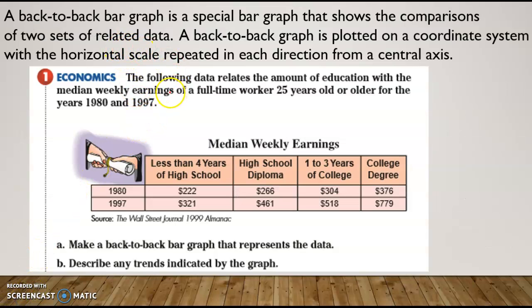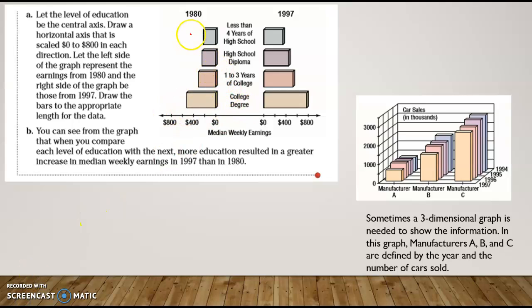A back-to-back bar graph is not used often, but just so you see it, they compare the same things for two different times, in this case 1980 and 1997. The x-axis shows what happens on both sides, and the y-axis shows the 4 different levels.